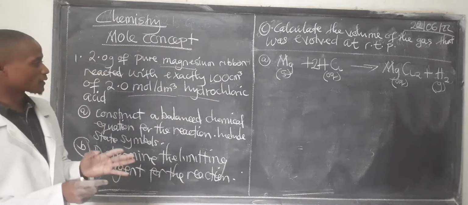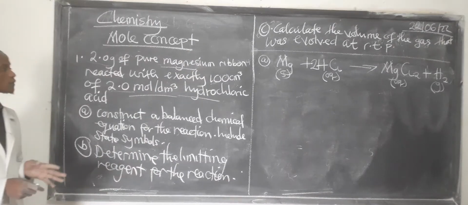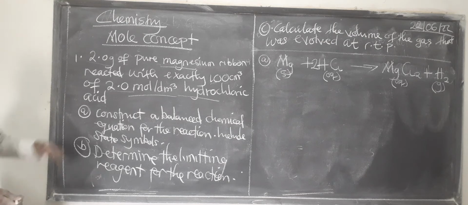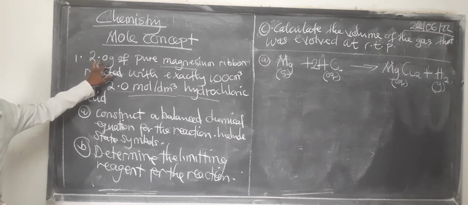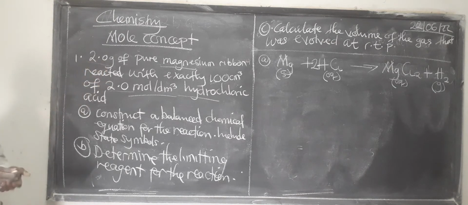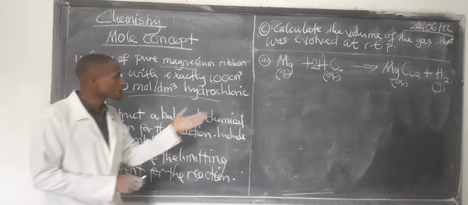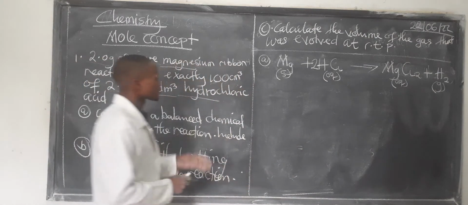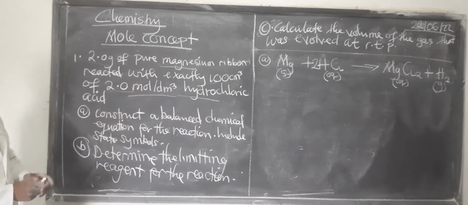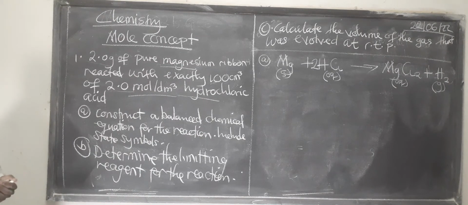You first have to calculate the number of moles for the substance whose mass is given. So we calculate the number of moles for a substance whose mass is given using the balanced chemical equation. So likely you have already written the balanced chemical equation. So let us find the number of moles for the substance whose mass is given.